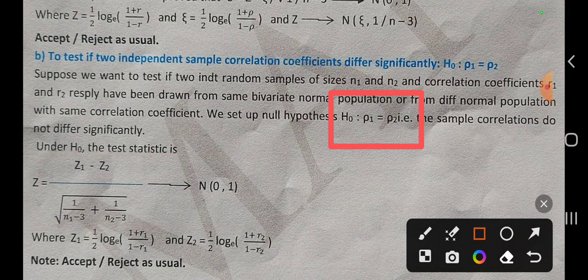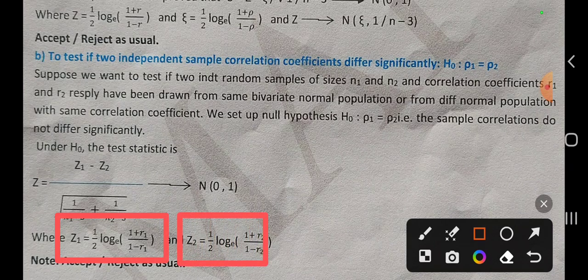And what are Z1 and Z2? Z1 is equal to 1 upon 2 log e of 1 plus r1 upon 1 minus r1, and Z2 is 1 upon 2 log e of 1 plus r2 upon 1 minus r2, where r1 and r2 are the sample correlation coefficients.